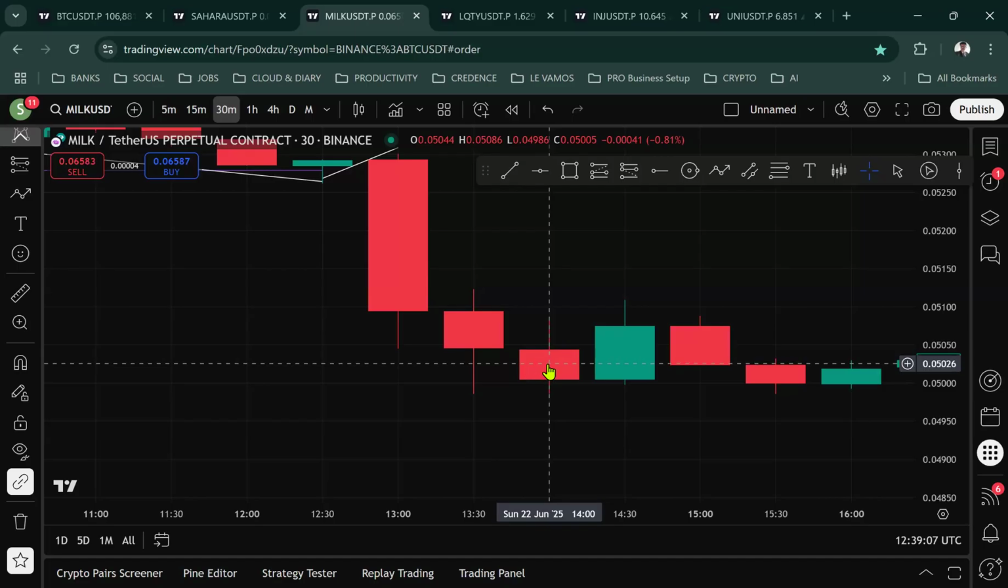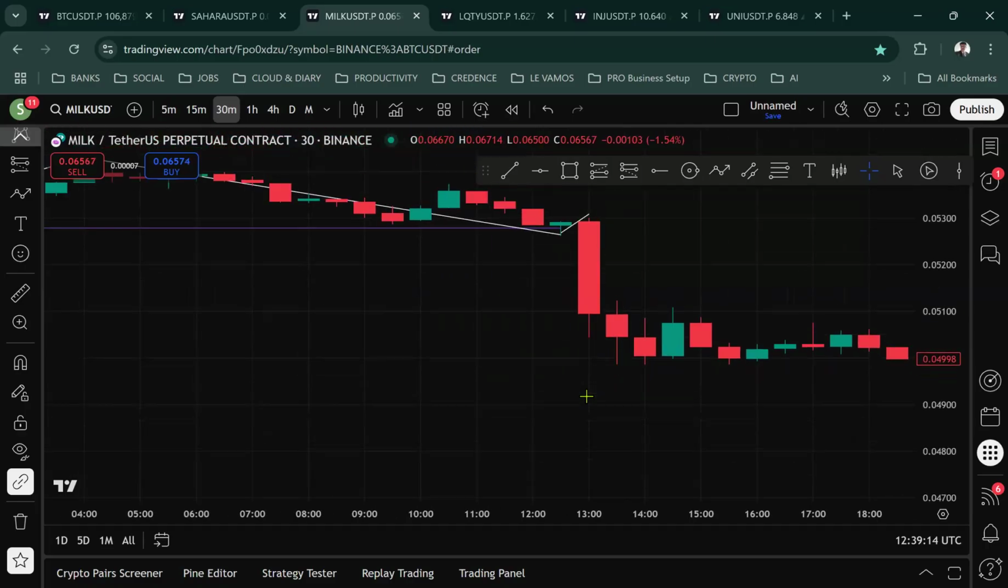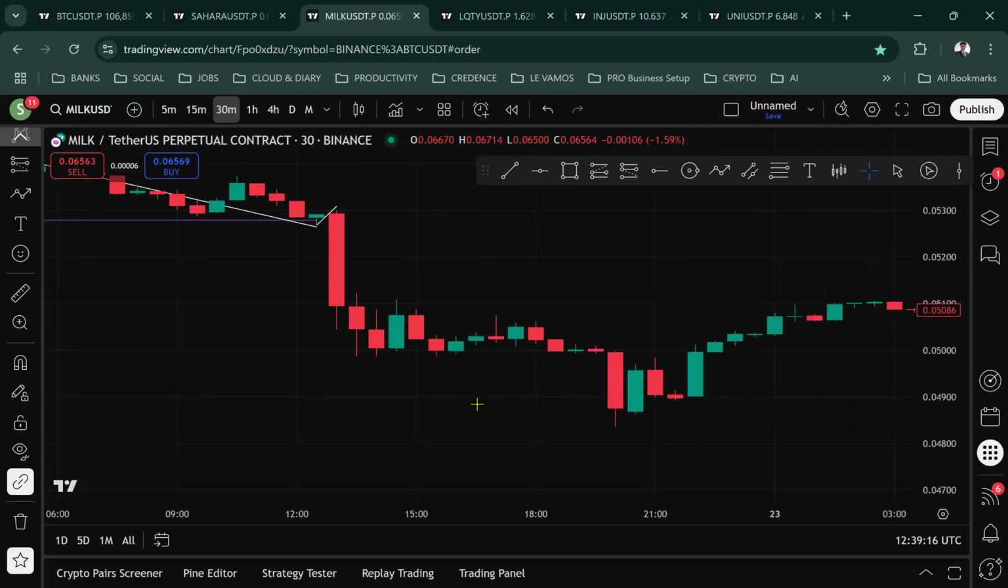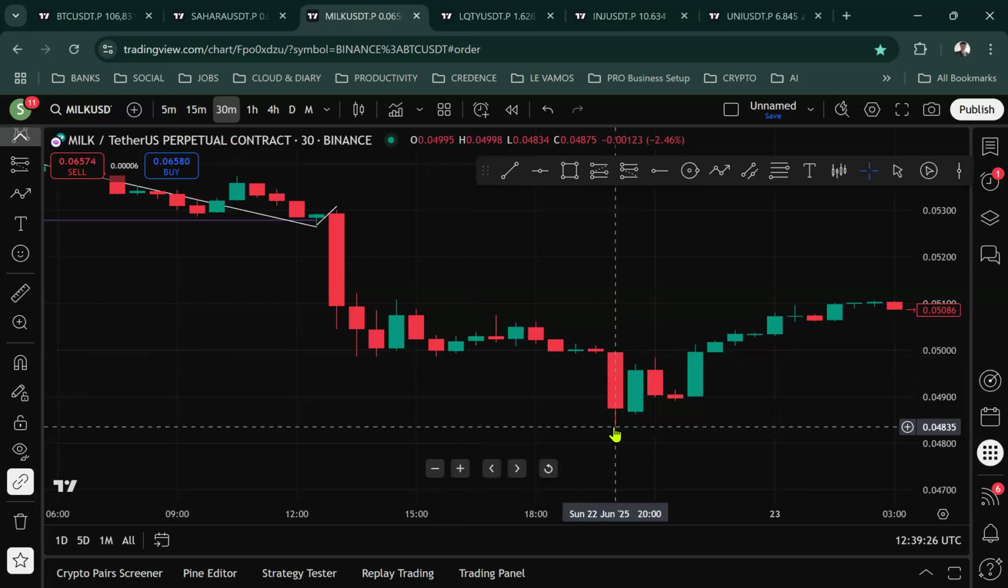So that means the line will come down there to the second one. Since they are equal lows, it has to be considered.